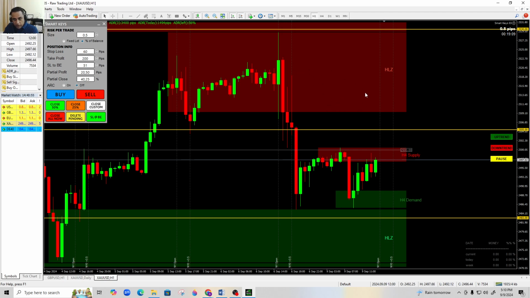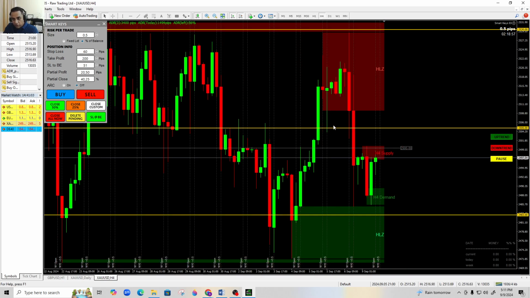The reason you see HLC here is that it's a high liquidity zone. This one I don't consider a high liquidity zone, because if you go back to the H4 time frame, this supply zone did not break or engulf an opposite demand zone. So I do not consider that a high liquidity zone, even though it is still an H4 supply zone. I leave it as a supply zone, but I don't consider it a high liquidity zone.